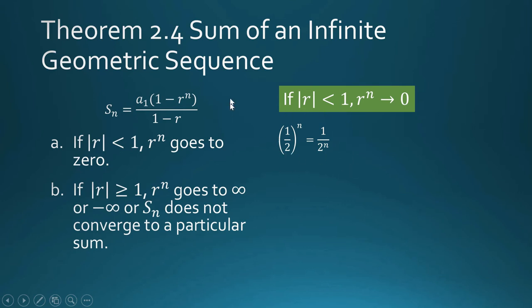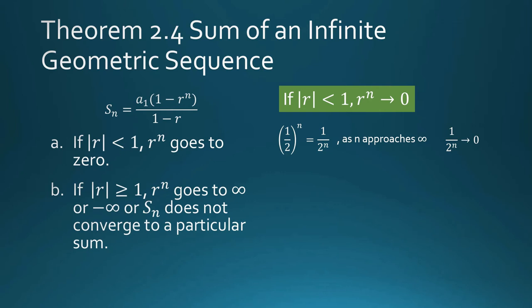Because this will go into computing for your sum. n approaches infinity because a geometric sequence has an infinite number of elements. So let's say, for example, n is 1 billion. What is 2 raised to 1 billion? That's a big number. What happens when you divide 1 by a very big number? The quotient is almost 0.